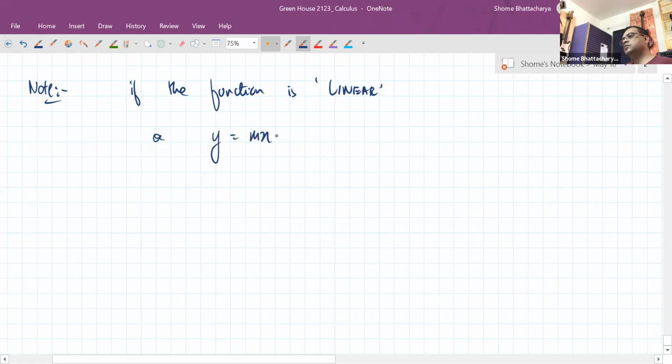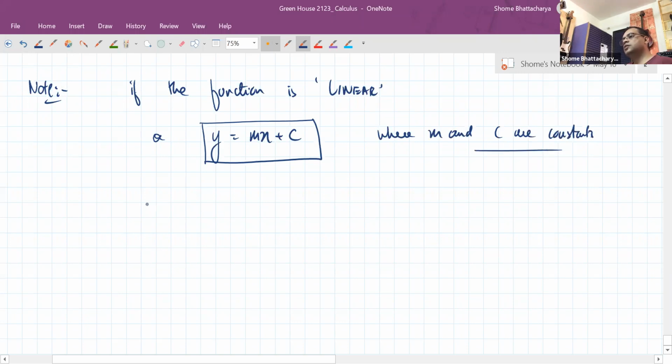This type of function: y is equal to mx plus c, where m and c are constants. Whether we calculate instantaneous rate of change or average rate of change, both are equal to the slope of the line.